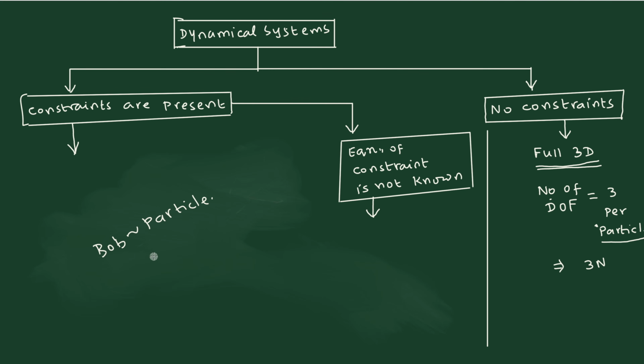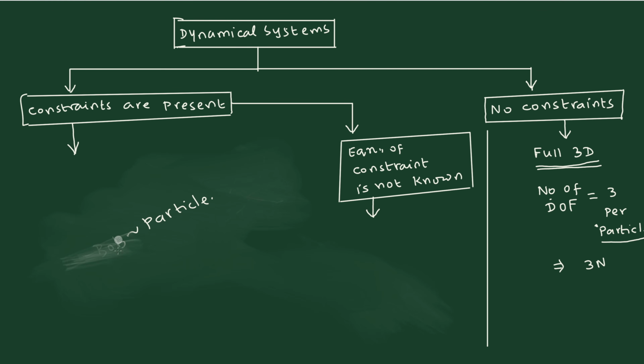If you consider it as a solid 3-dimensional sphere, then there may be additional difficulties such as moment of inertia and other things entering the picture. Those things will not enter into the picture when we are studying particle dynamics, and therefore we are going to make an assumption that this is going to be a particle.